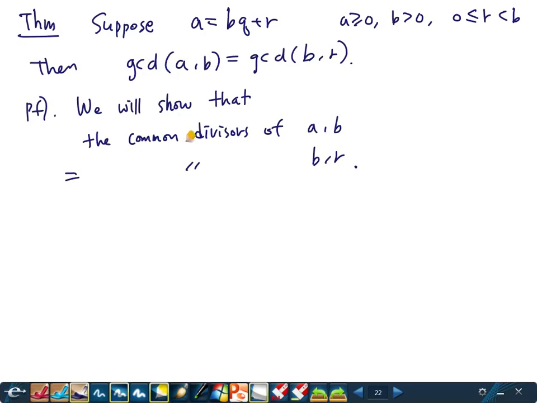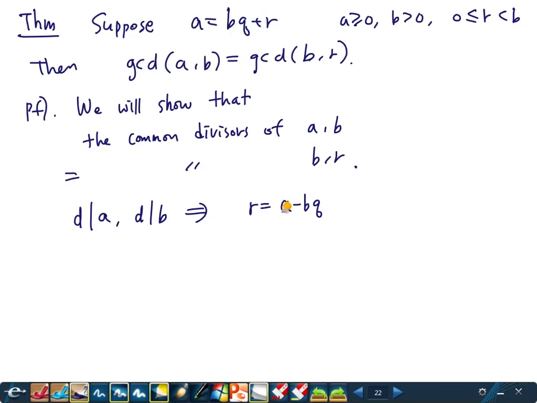Okay? So what does a common divisor mean? It is an integer that divides both A and B. So suppose D is a common divisor of A and B. What is R? R equals A minus BQ, right?